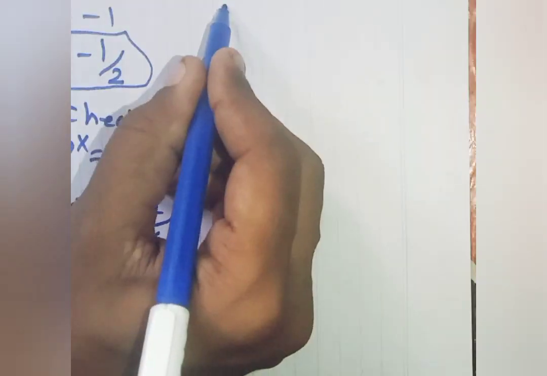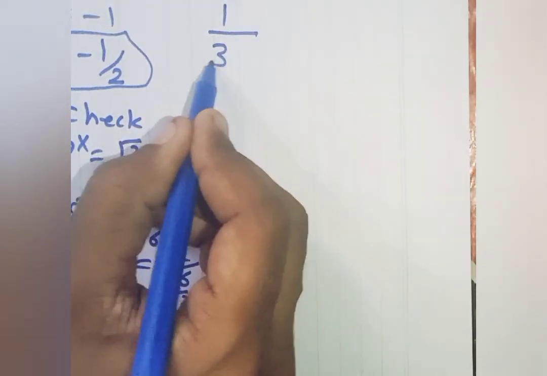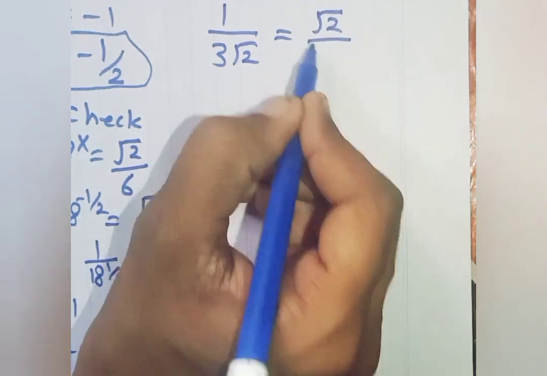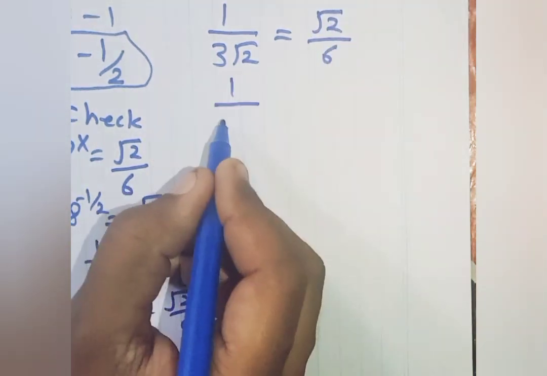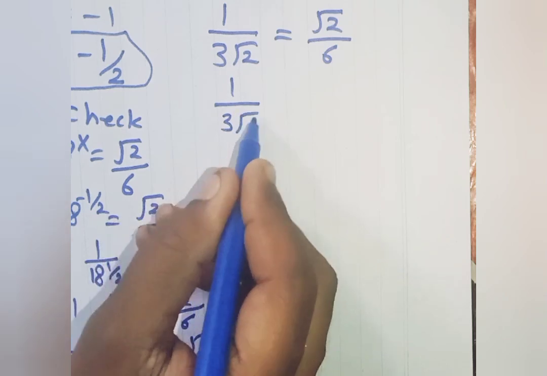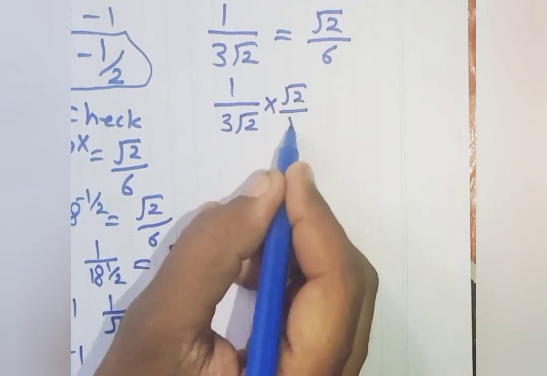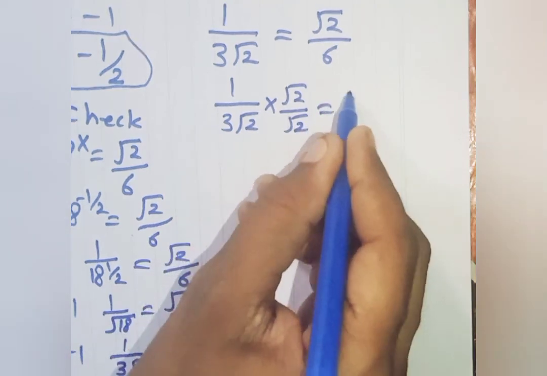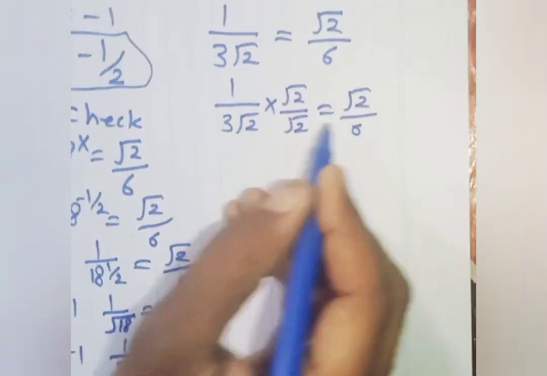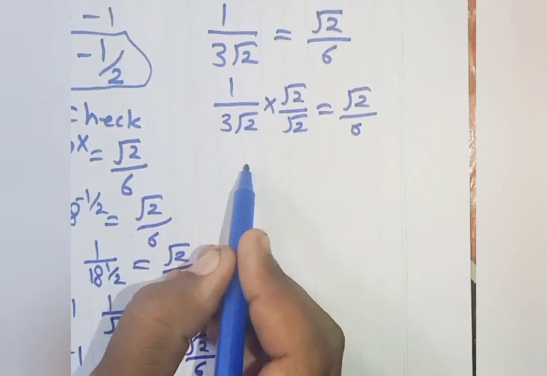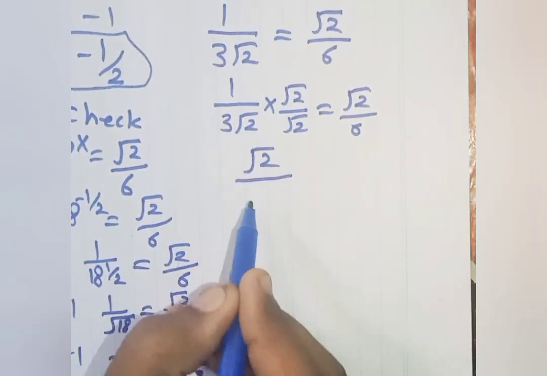Okay, 1 over 3 square root 2 equal to square root 2 over 6. Here I multiply and divide with square root 2. 1 multiplied by square root 2 we get square root 2.